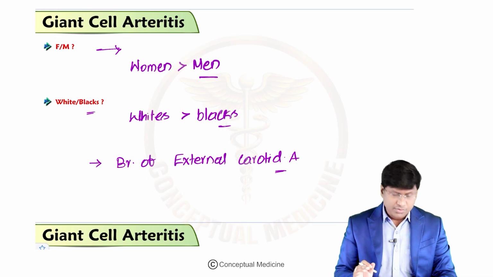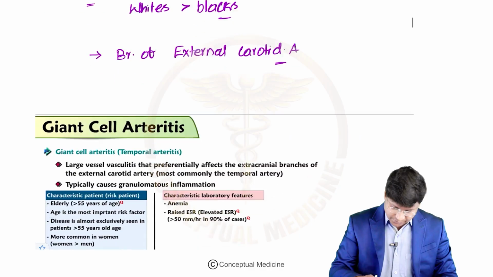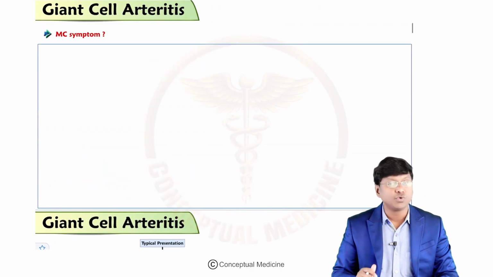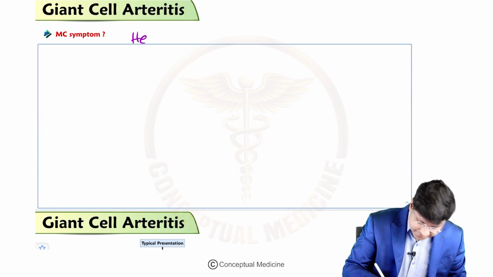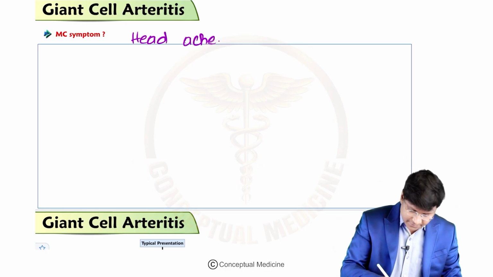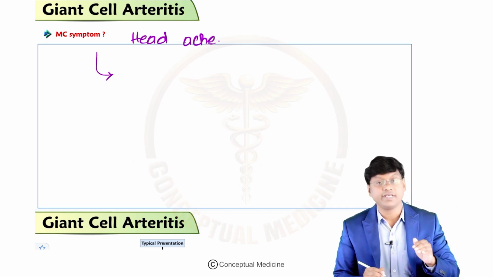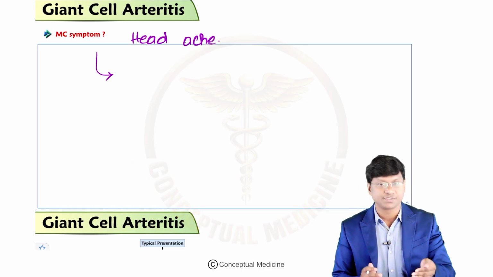Now, in patients with giant cell arteritis, what will be the most common symptom? The most common symptom will be headache, and along with that there will also be development of constitutional symptoms.